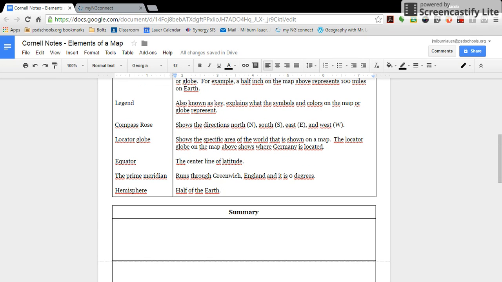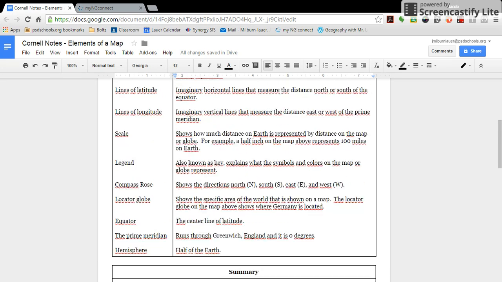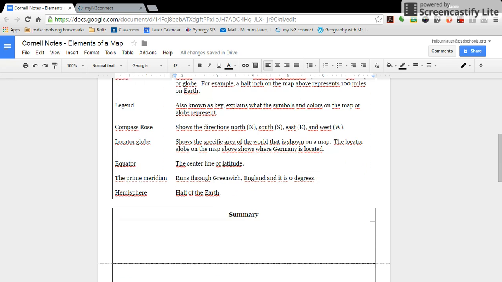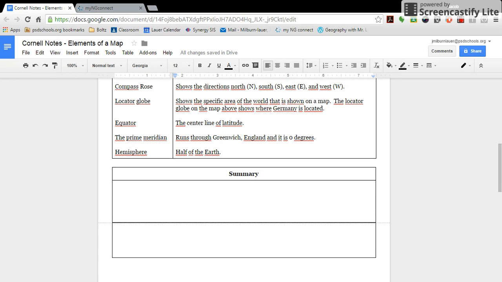For the summary, it's your job to look at the notes of what you've read and write between 3 to 5 sentences that you feel adequately summarize the information. I'm not going to do an example because I want you to actually go through the experience and have the practice of summarizing it yourself. As always, if you have any questions, please come see me.